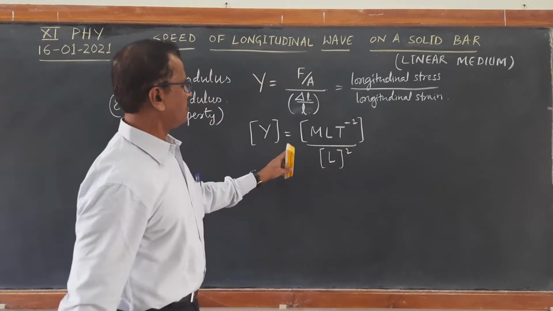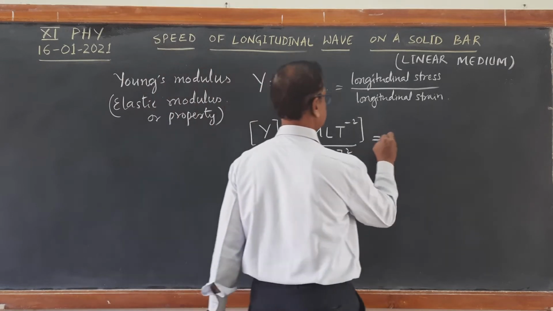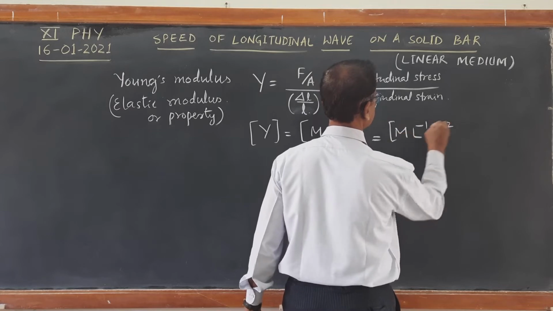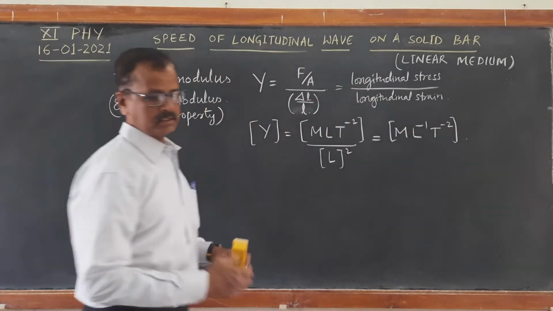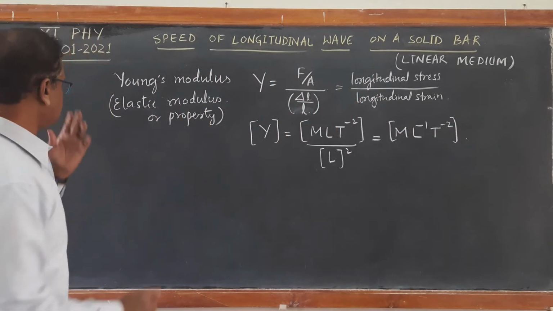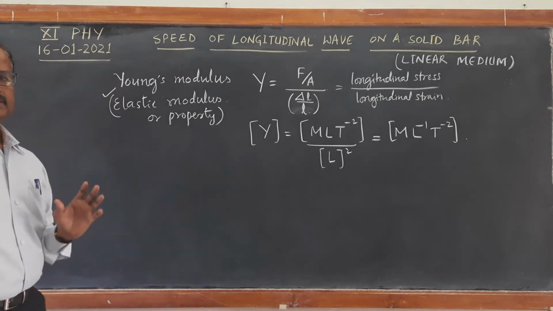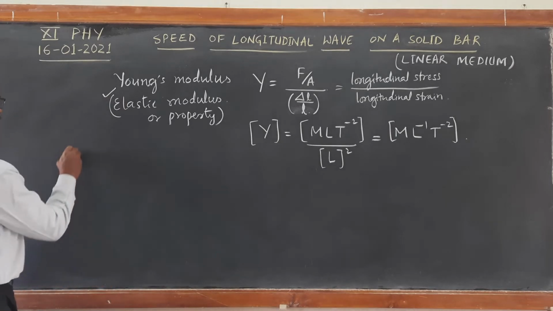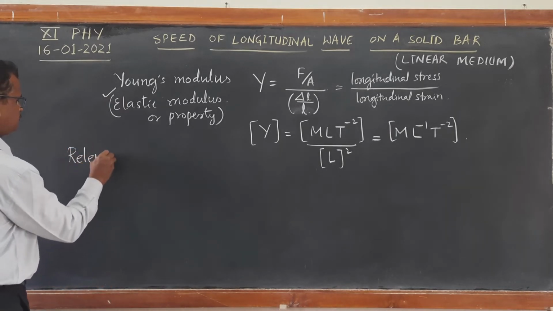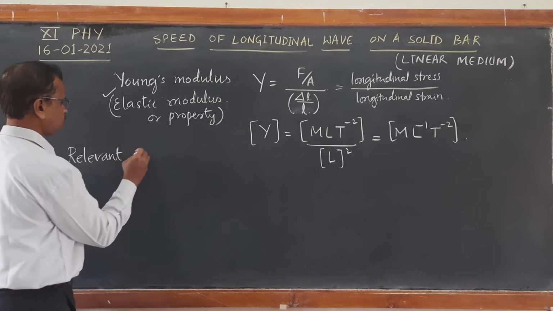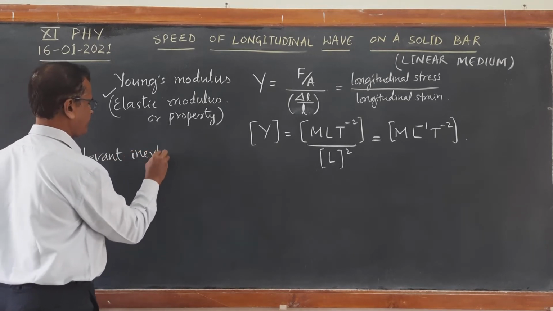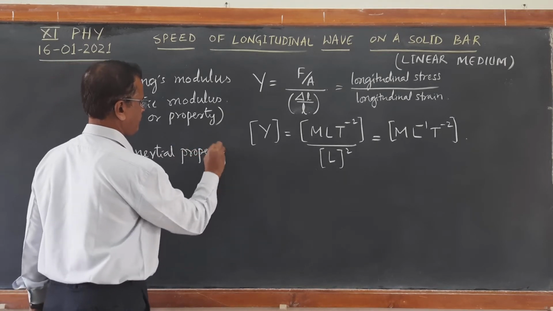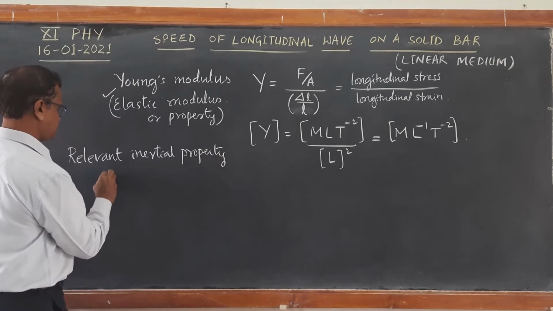So if you take the dimension of this, it becomes M L raised to minus 1 T raised to minus 2. This becomes the dimension of Young's modulus. Then this is the elastic property, and the relevant inertial property is mass per unit volume, that is mass density.